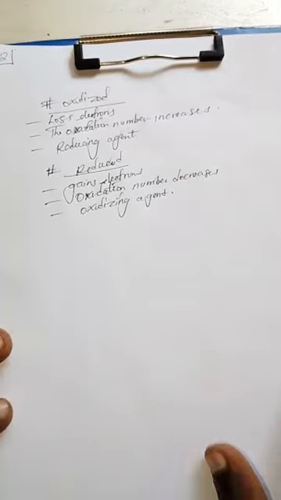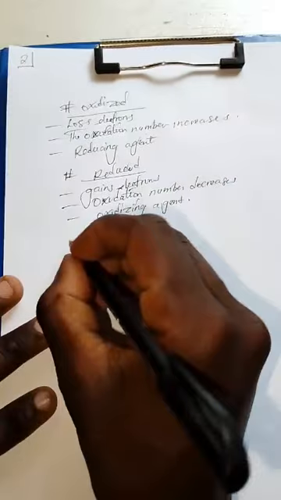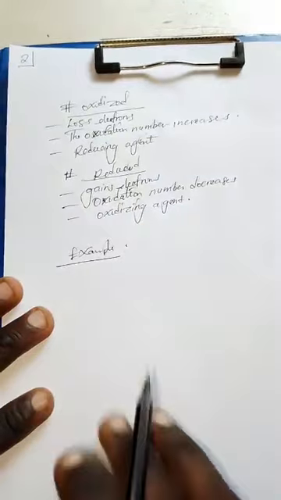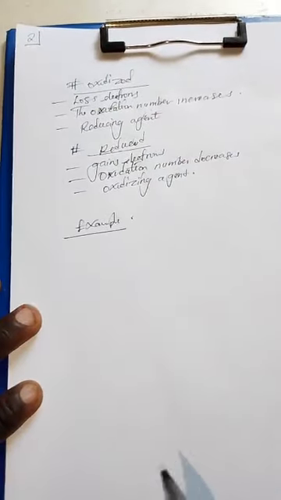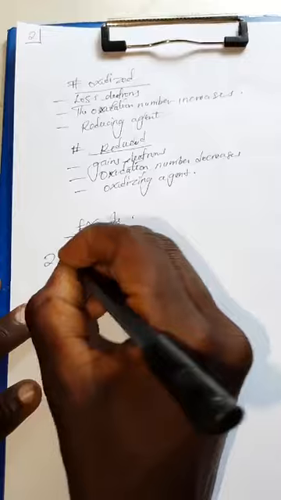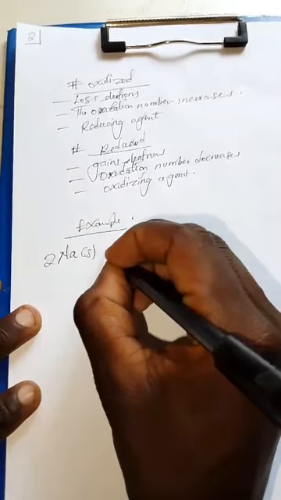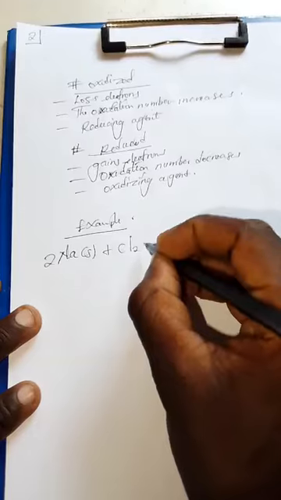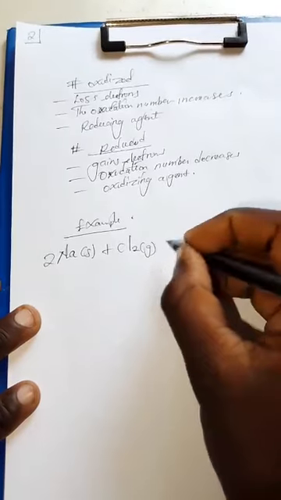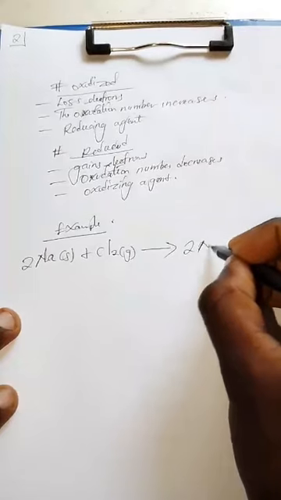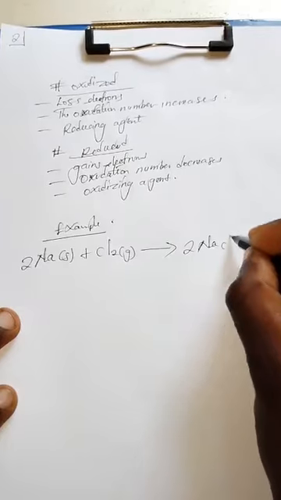So let's have an example and try to display the terminologies that I've taught you. Let's have two sodium, which is in solid state, plus chlorine in gas, giving us two sodium chloride.